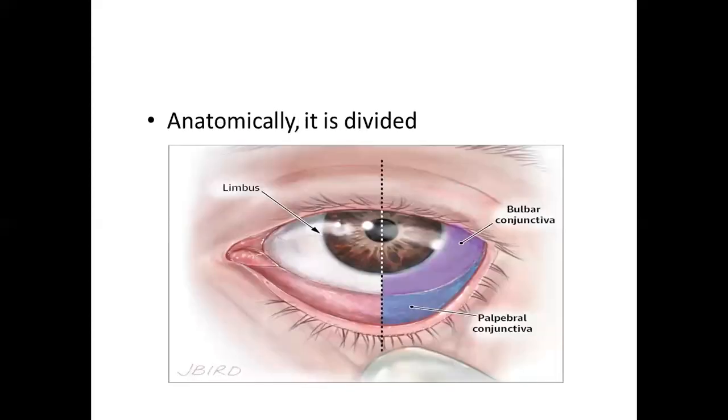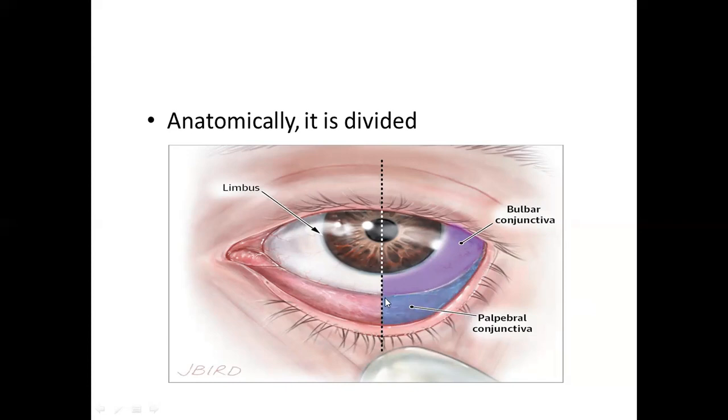Next slide, please. Good. So this basically explains what the conjunctiva is all about. Where that cursor is, that's what is called the palpebral conjunctiva, meaning it's the inner lining of the eyelid, either upper eyelid or lower eyelid.